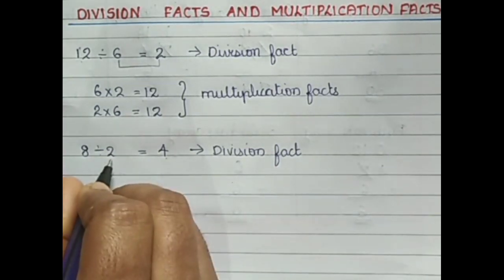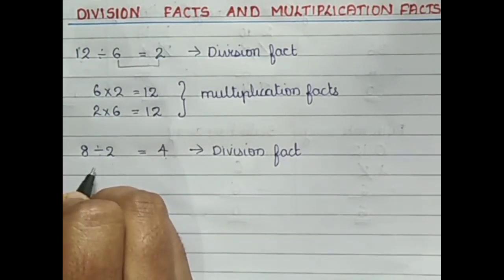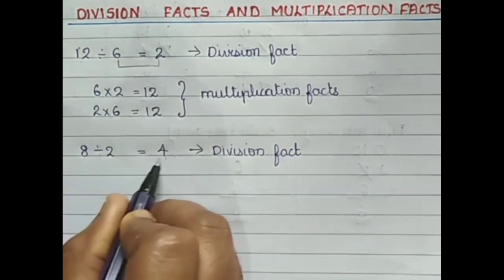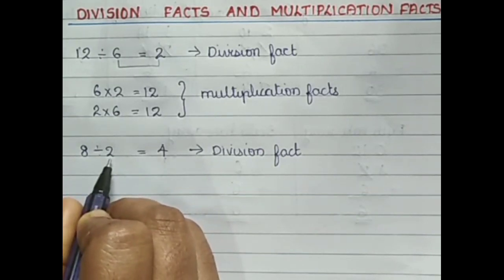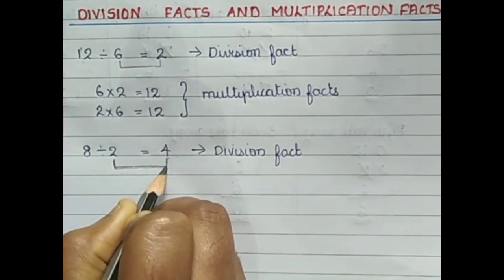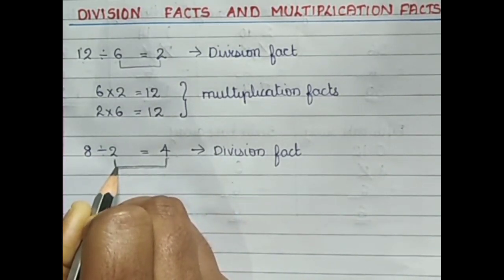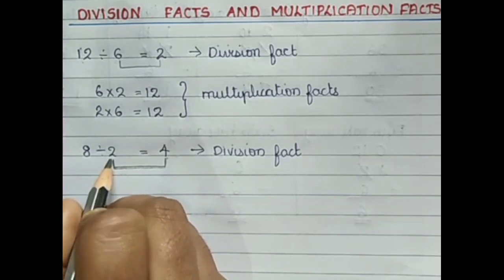Which are the two multiplication facts? To get the number 8, we have to multiply which two numbers? Yes, 2 into 4 or 4 into 2. 2 into 4 equal to 8 is the first multiplication fact, and 4 into 2 equal to 8 is the second multiplication fact.